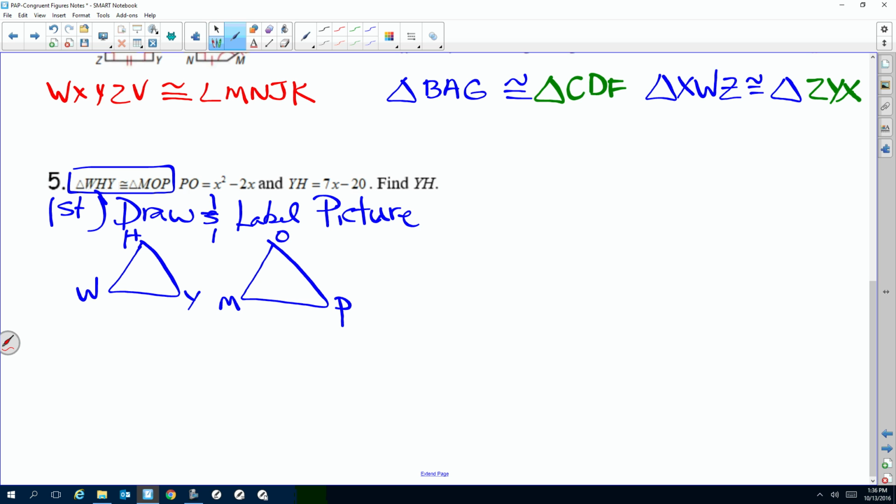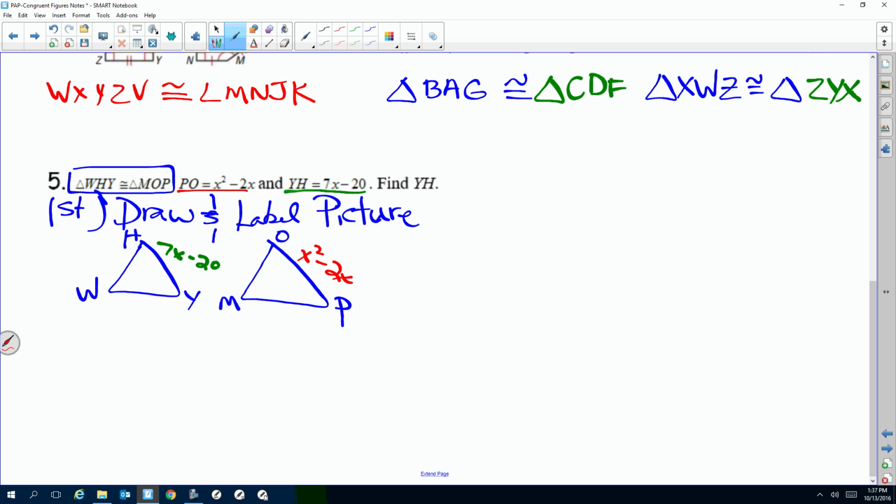Draw a picture. Label our picture. We have PO is x squared minus 2x. We have YH is 7x minus 20. We're trying to find YH. Now, this is just a problem solving strategy, but because I have this statement right here, I know which parts are congruent to each other.